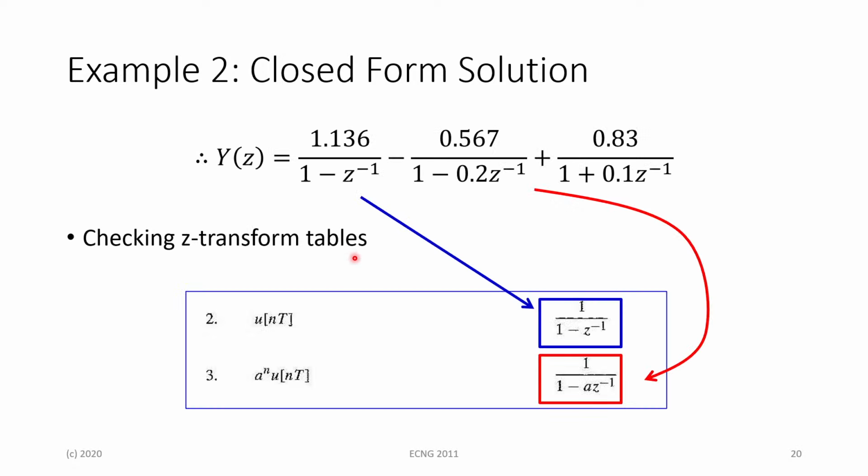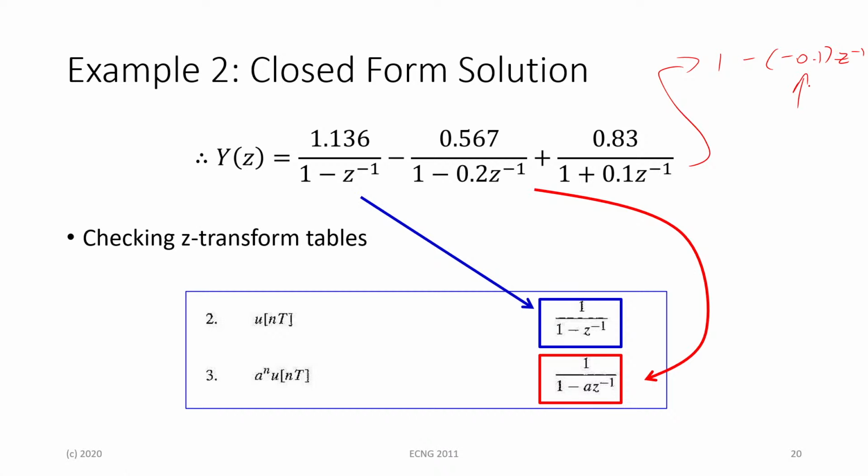Now there's one thing to note here in particular. Note that for the Z transform of a to the n u of nT, the denominator is 1 minus a z to the minus 1. So for this part here, this directly transforms accordingly. But because you have 1 plus 0.1 z to the negative 1, remember that this denominator can be expressed in the Z transform form if we extract this out as 1 minus negative 0.1 z to the negative 1.